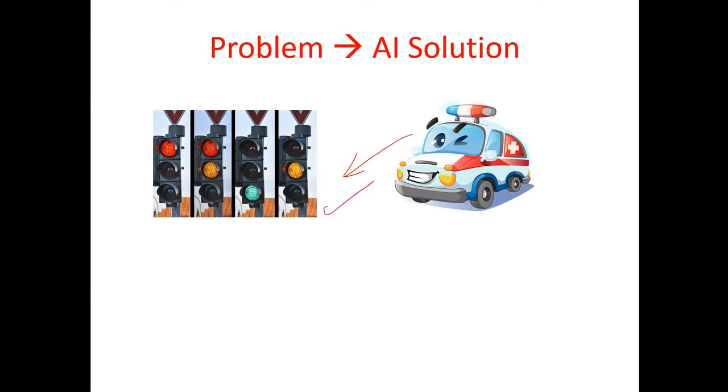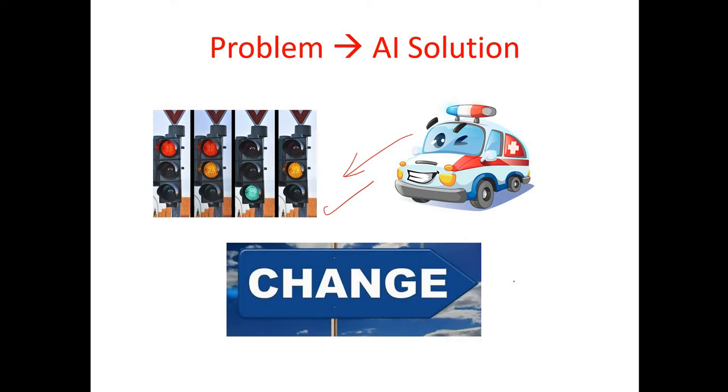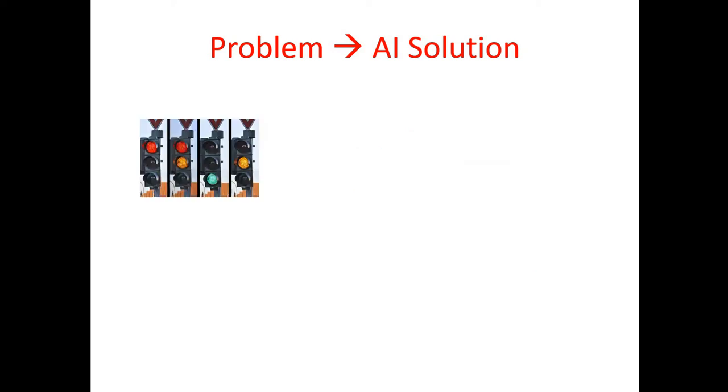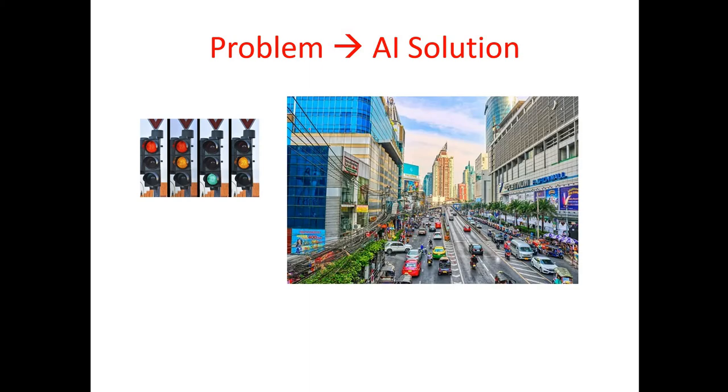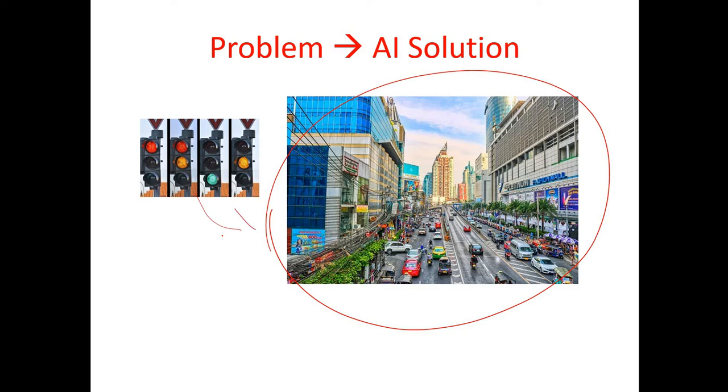In contrast to the regular schedule that it follows, we need to have some change. This change has to happen based on certain conditions that it is going to observe from the environment. So this traffic signal light is actually watching keenly the environment in which it is embedded.